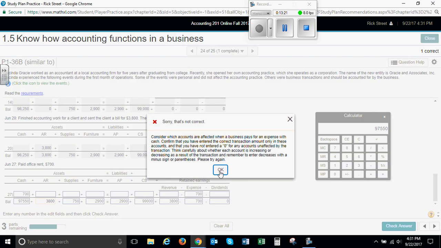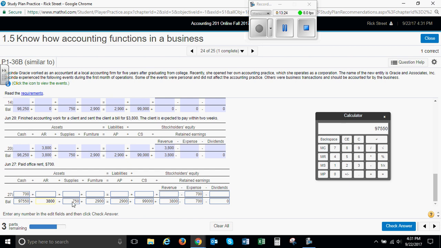And let's check our work. Oh my goodness. Do I really just keep doing my math wrong? Is that all this is all about? 98,250 minus 700 equals 97,550.